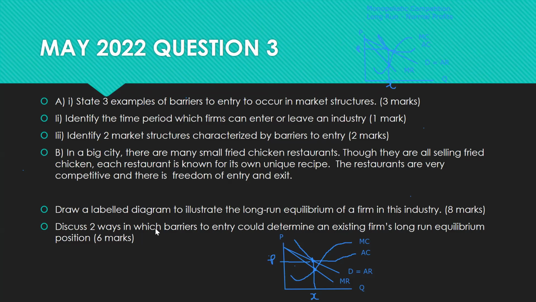So if they were making losses, people would leave the market until the companies that remain are making normal profits. Similarly, in the long run, if they were making supernormal profits before, more people would enter the market, which would reduce the amount of profits they're making until they make normal profit.